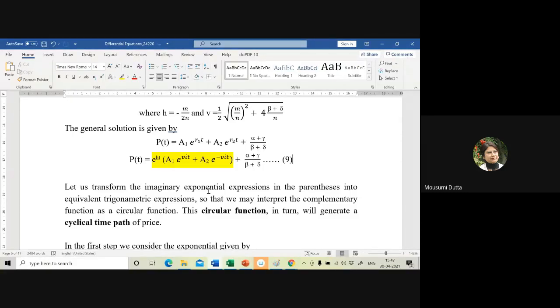Once we get equation number 9, please take note of the fact that in the first term on the right hand side, if h is negative, in that case, the time path will be convergent. Otherwise, it will be divergent in nature.